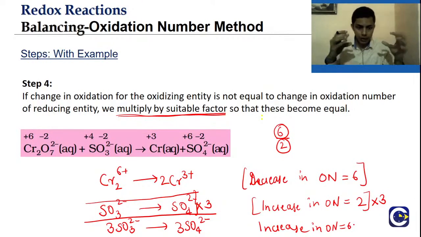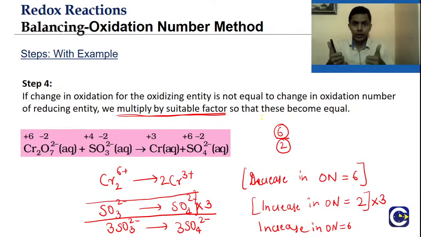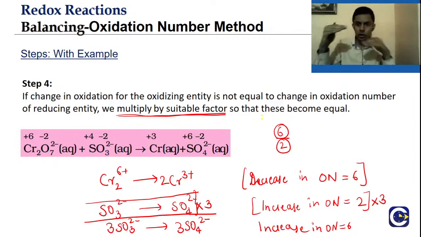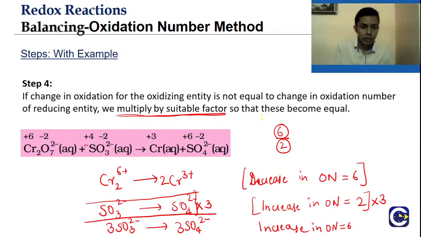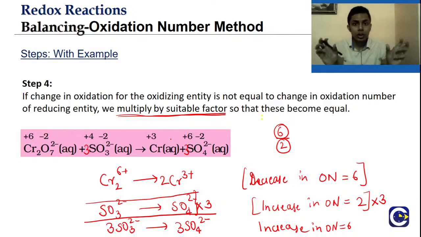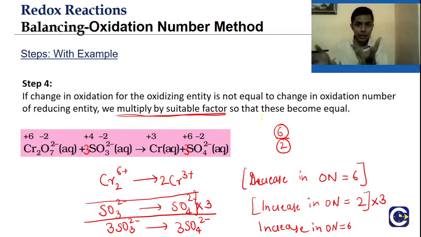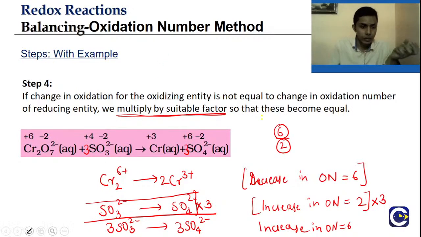Clear? You can write down both equations separately and then do. That's also all right. When you write down the reduction reaction separately and the oxidation reaction separately, and try to balance their increase and decrease, then whatever balance happens, that itself will be the balancing of the element which undergoes reduction and the element which undergoes oxidation.